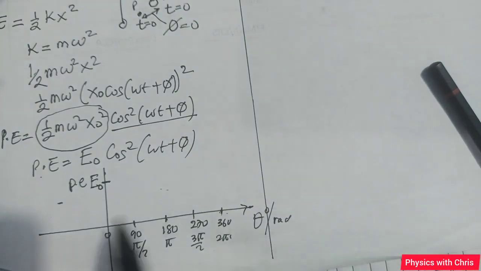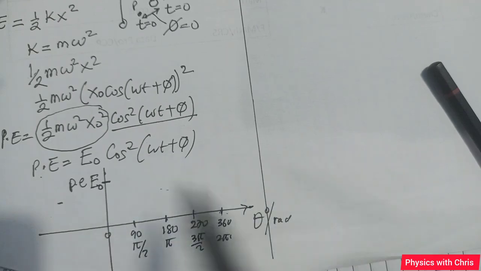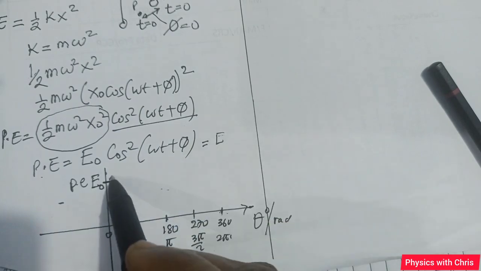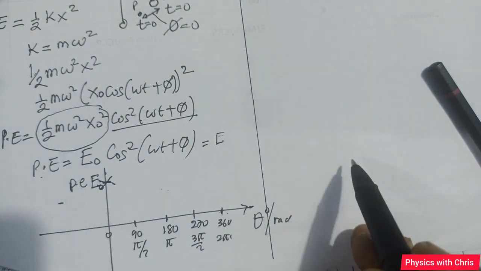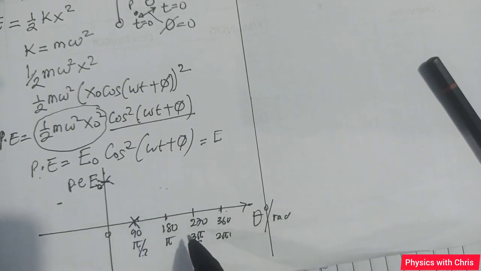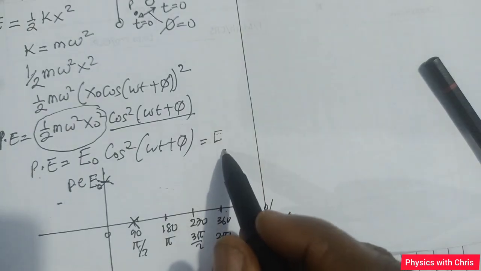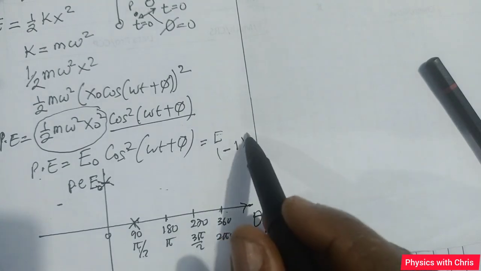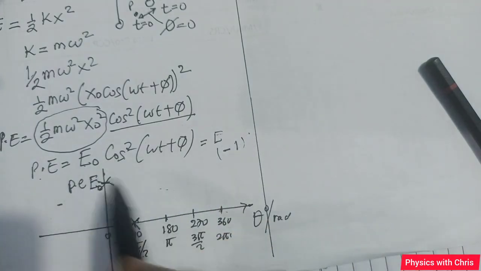When theta is 0, cos 0 is 1, which reduces the expression to E naught, so I mark it here. When theta is 90 degrees or pi over 2, cos 90 is 0, so I mark this point. When it is 180, cos 180 is minus 1; squaring minus 1 gives plus 1, and plus 1 times E naught gives E naught.